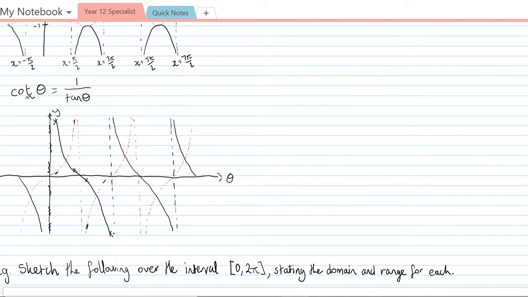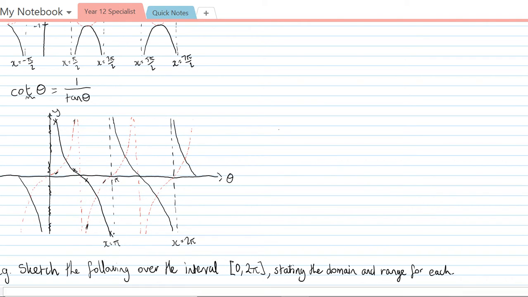Typically the graph of tan theta has a period of pi. So this here would normally be pi, so that's where an asymptote is. So I'm going to just say x equals pi, and then for the next one, x equals 2 pi. And we can see that that's just multiples of pi as well.